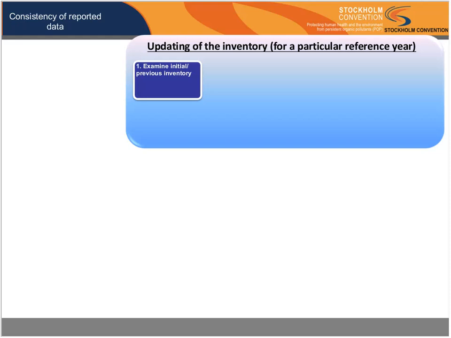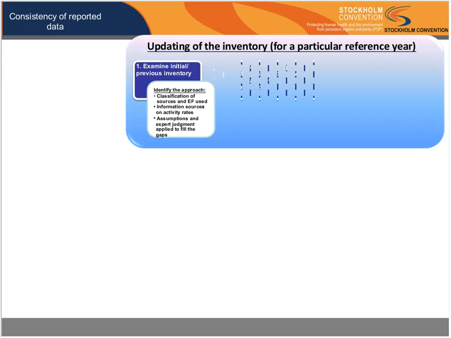In the first step, we will have to review the previous or the first emission inventory which has been prepared, and this is because we have to see what approach has been used to classify the sources, and also which information has been used to calculate or estimate the activity rates, and of course what assumptions and expert judgment was applied to fill the gaps.